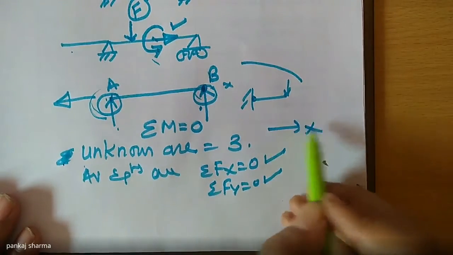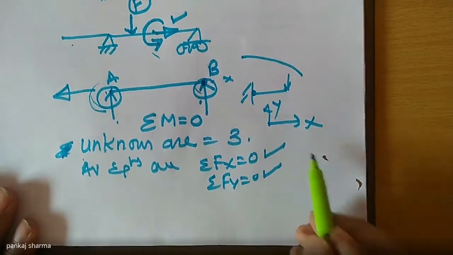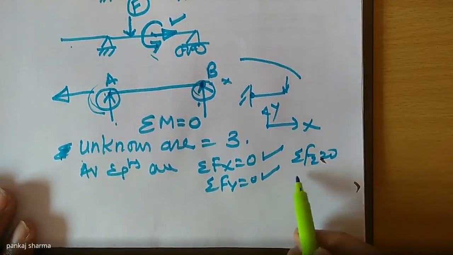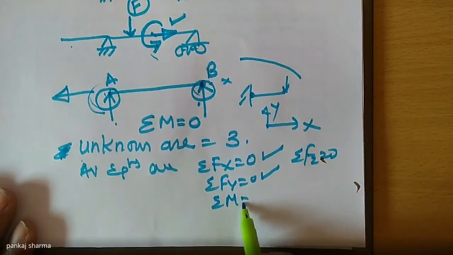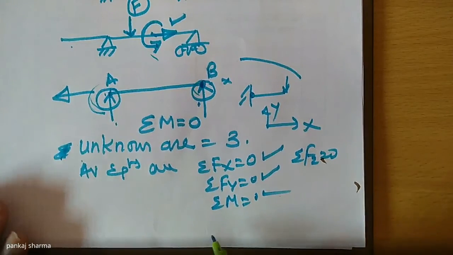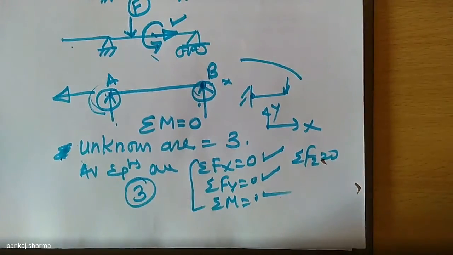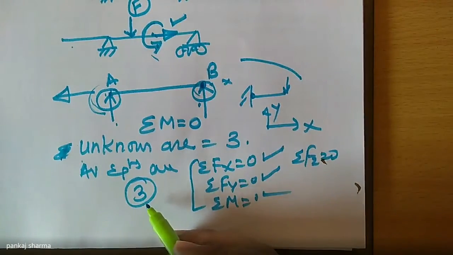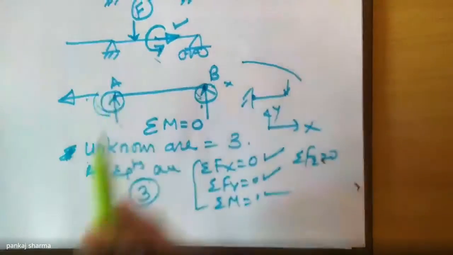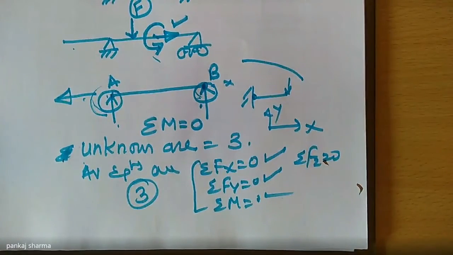It is the x direction, it is the y direction. ΣFz equal to 0, not applicable. Net moment equal to 0, yes, it is useful. So the available equations are 3. So 3 unknowns, 3 equations, we can easily calculate the value of unknowns. So these are statically determinate structures.